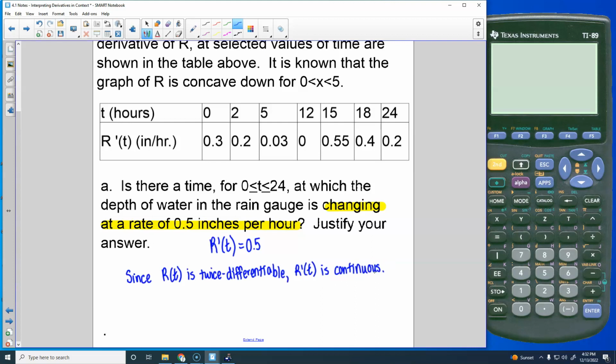You can pick really any value here below 12, any number will work for this. I'm just going to use 12. I'm going to say, therefore, intermediate value theorem applies.